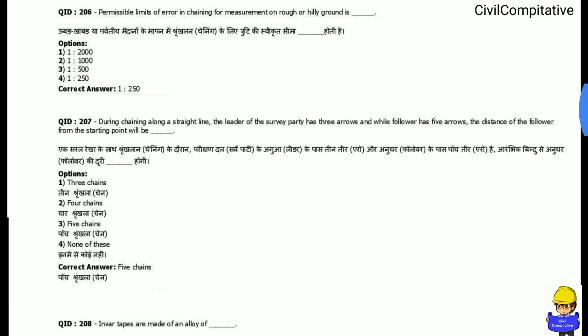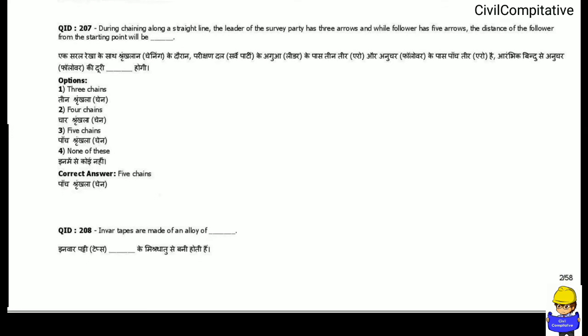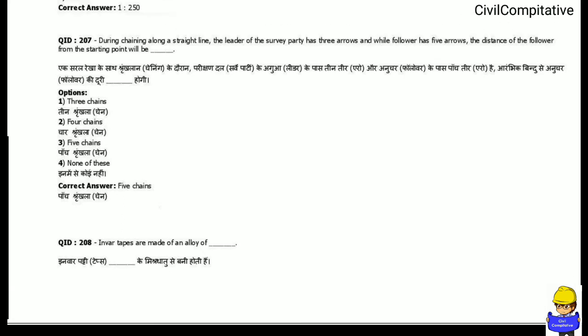The next question is: during chaining along a straight line, the leader of the survey party has 3 arrows, while the follower has 5 arrows. The distance of the follower from the starting point will be what? It would be 5 chains.